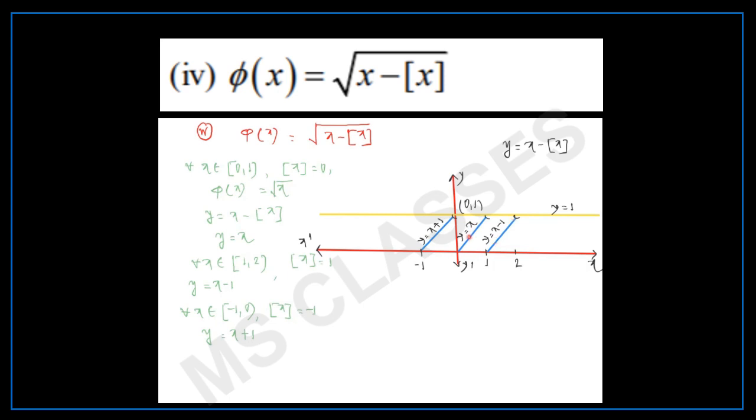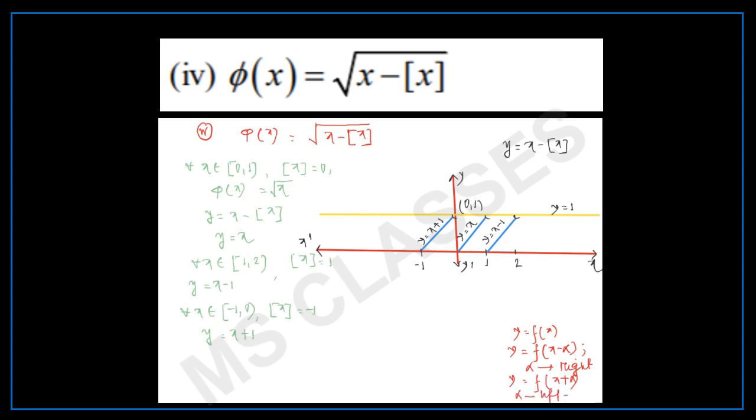If you have y equal to f of x, and from that you draw y equal to f of x minus alpha, we shift the curve alpha units towards the right. Similarly, when we have y equal to f of x plus alpha, we shift alpha units towards the left.